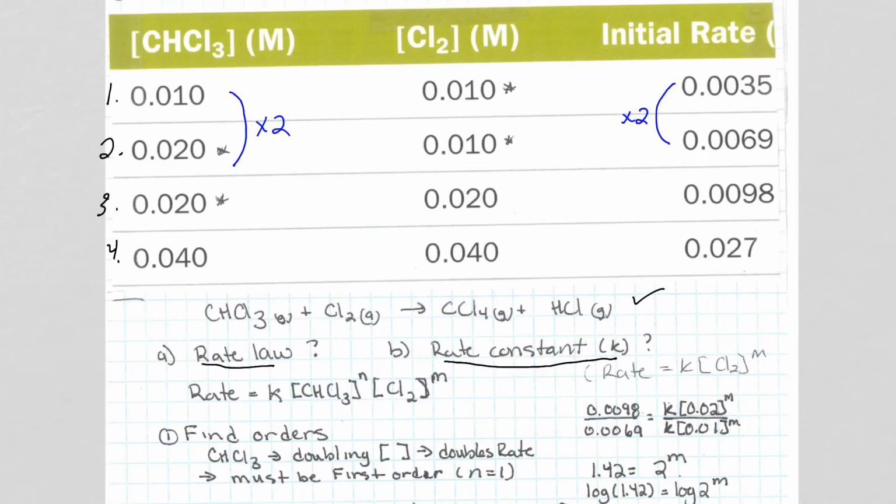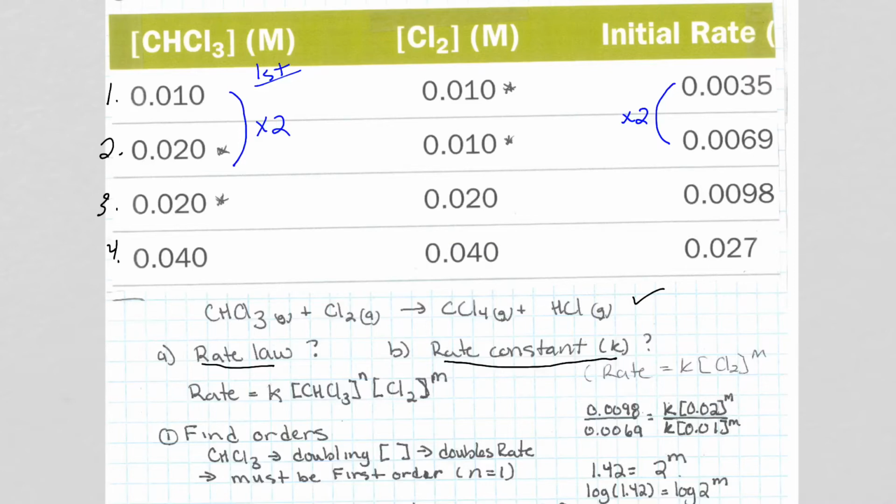So if we see a mirrored response, if we see the same change in the rate as we did in the concentration, then what does that tell us? Well, it tells us that it's first order in CHCl3. Now we can do the same thing with Cl2.